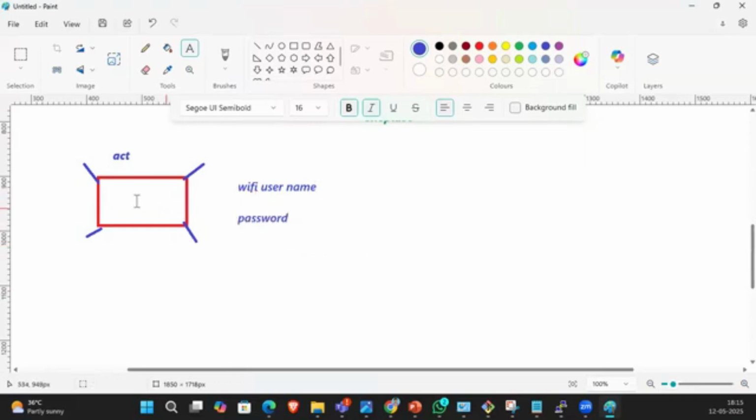How do you change them? Because this is hardware, you need to interact with its OS. Definitely, we need an OS, guys.